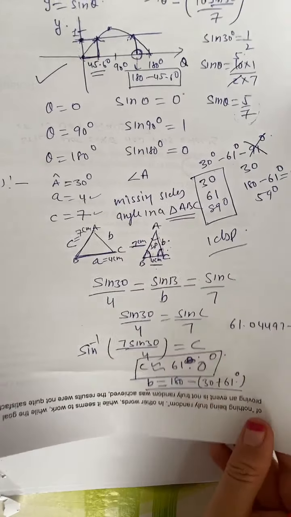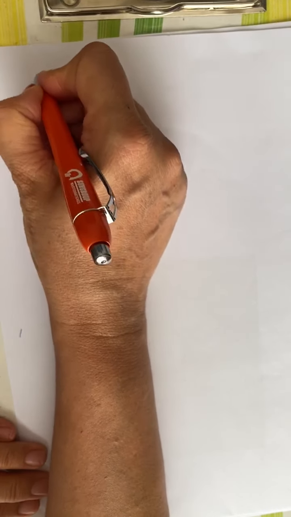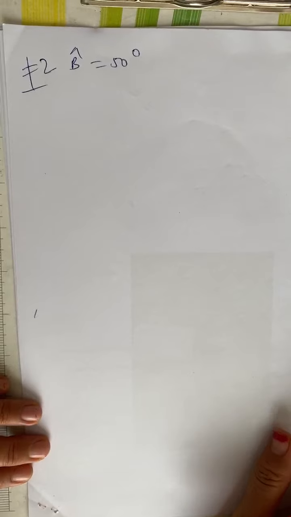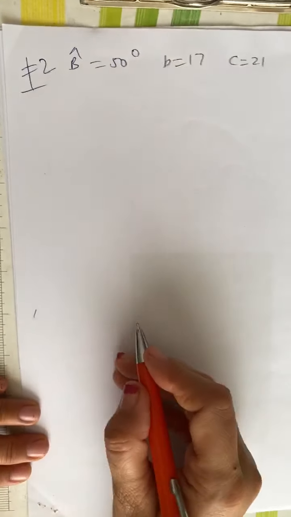I'm going to do one more example so that it's more clear. Let's see. So I'm going to do now angle B is 50 degrees. So number 2. You have angle B, which is 50 degrees, and then you have b equal to 17 and c equal to 21.